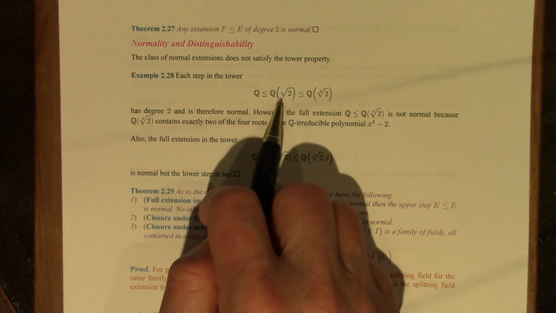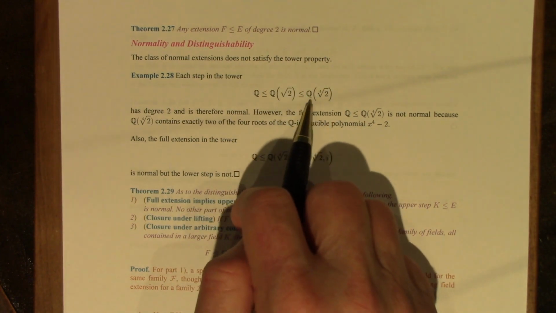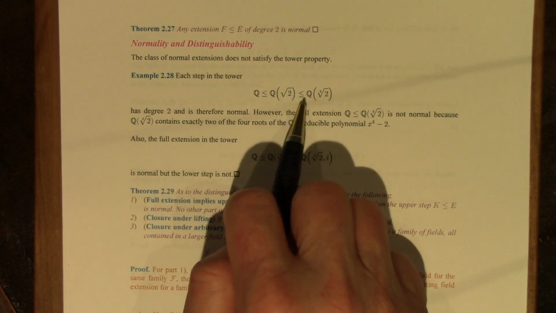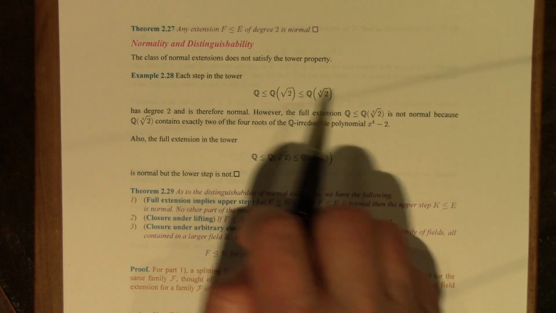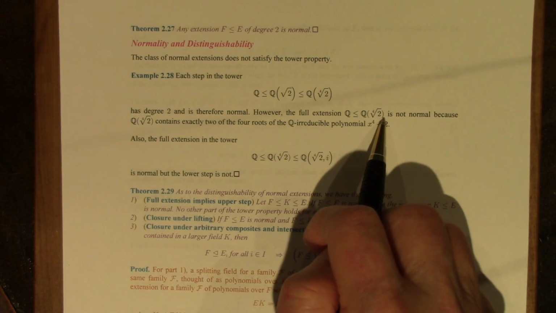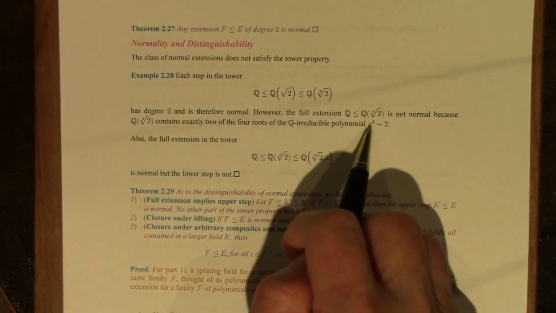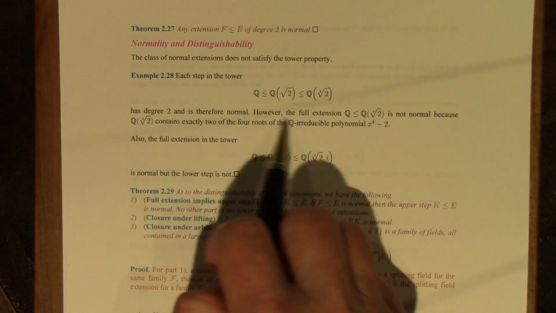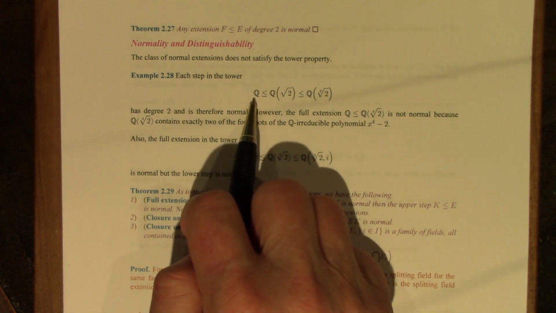Rationals Q, Q with the square root of 2 adjoined, Q with the 4th root of 2 adjoined. Each step has degree 2 and is therefore, by the theorem I just discussed, normal. But the full extension is not normal because x to the 4th minus 2 is irreducible over the base field here.